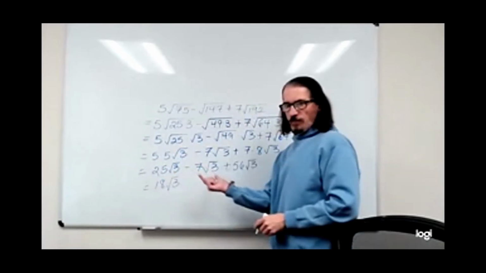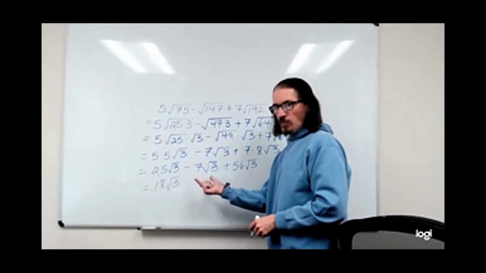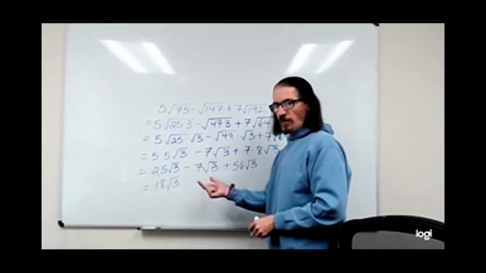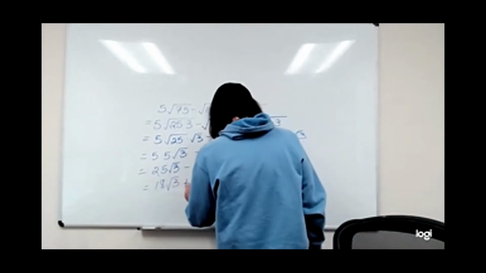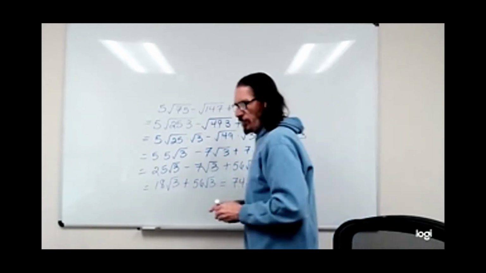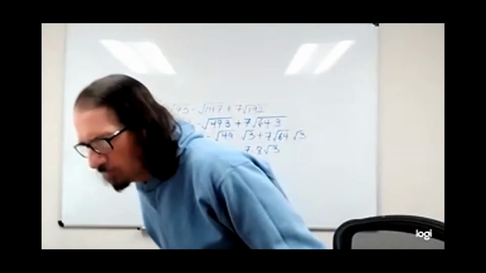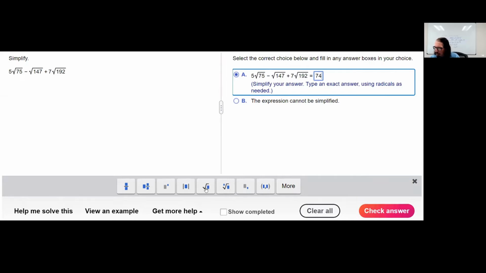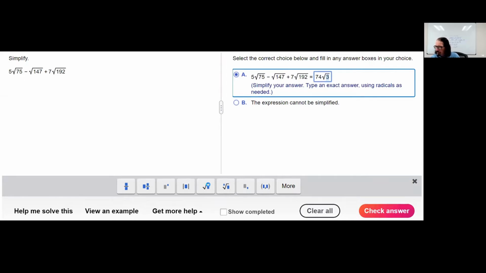We do have like radicands, both square roots, and the radicand is 3. And then adding 18 plus 56, I'm getting 74 square root of 3. So let's see if they get the same thing. 74 square roots of 3.